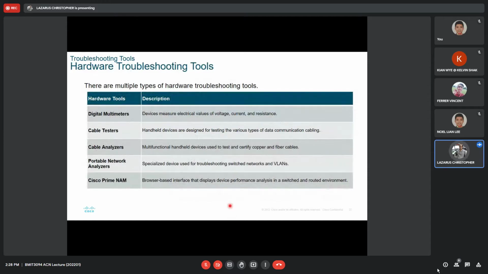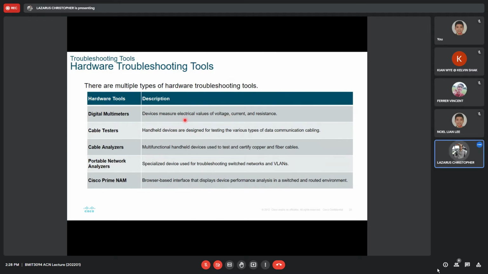For hardware, you have the digital multimeter. This basically checks for voltage, current, and resistance. If there's any part of your cable that is disconnected inside, or the wires run through cabling that you cannot see because it's embedded, and somehow rats get into it, you want to see whether there are any changes in the current, whether there's even current there.